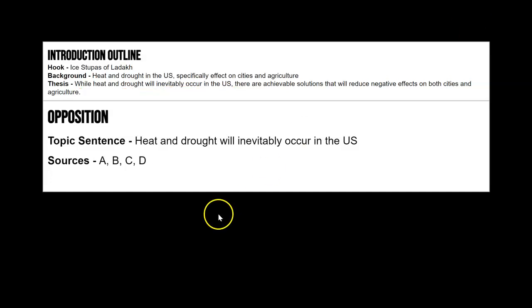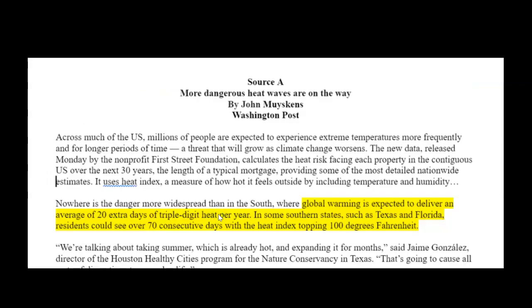All right, so what does that look like? When you were looking at your sources, I did have you highlight them. Now, I know highlighting isn't the best for everybody, but highlighting, underlining, bracketing is going to be important for a test-taking strategy when completing the synthesis essay.